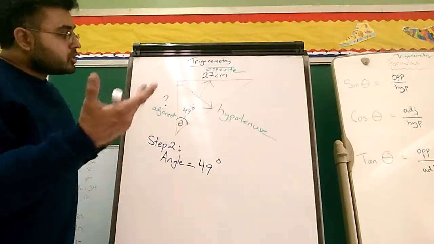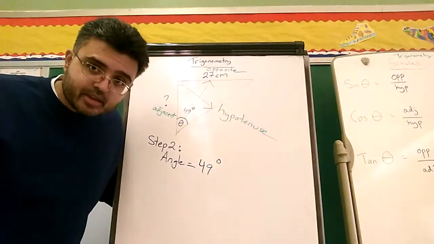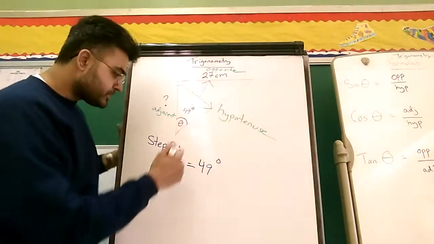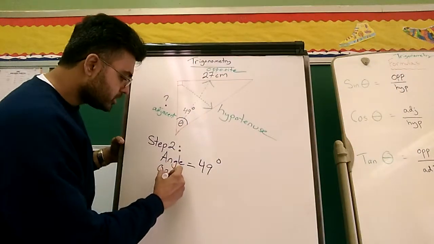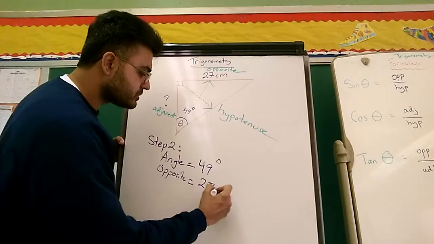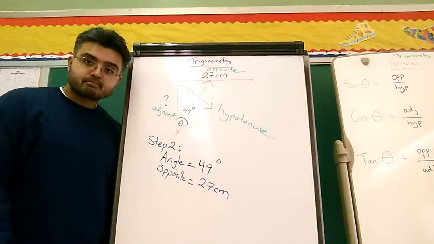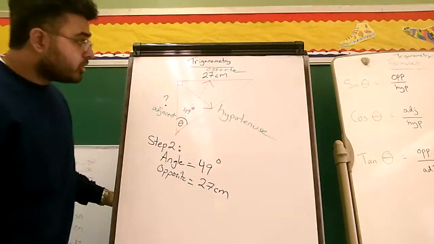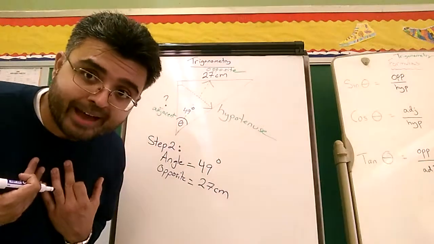Next, do we know the length of any side of the triangle? Well, yeah, the opposite side of the triangle is 27 centimeters. Good, easy. Now, what do we have to find?